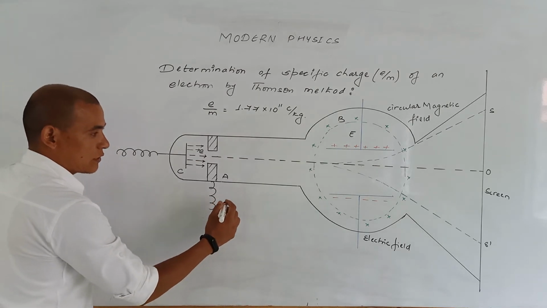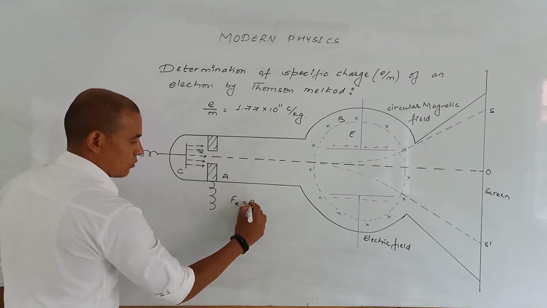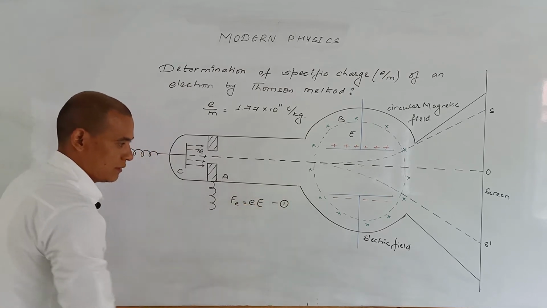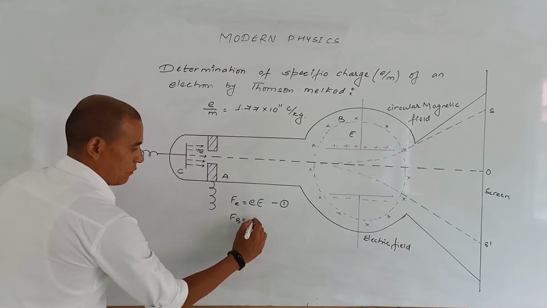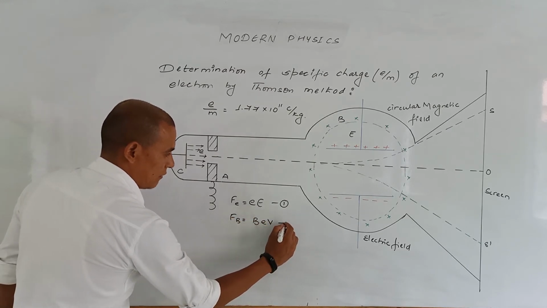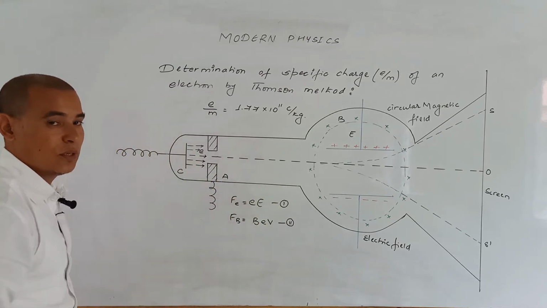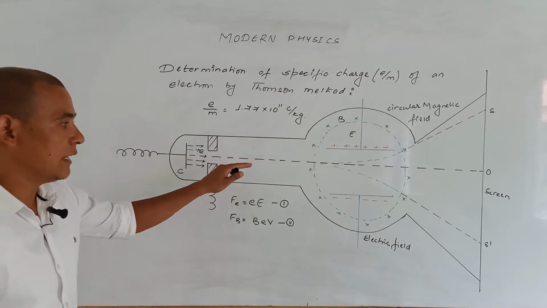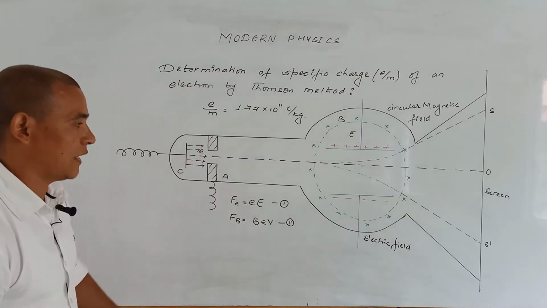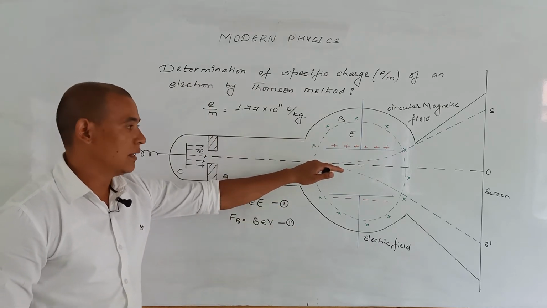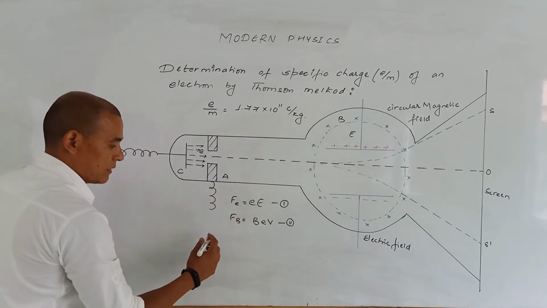When only the electric field is applied, the force due to the electric field will be equal to Ee. Let me write this as equation 1. Again, the force due to the magnetic field will be equal to Bev. This will be equation 2. When the electron passes through the electric field and magnetic field, it remains undeviated and strikes at position O. That means the force exerted by the electric field and the force exerted by the magnetic field are equal, so it remains undeviated.